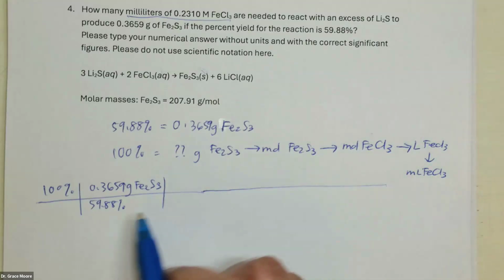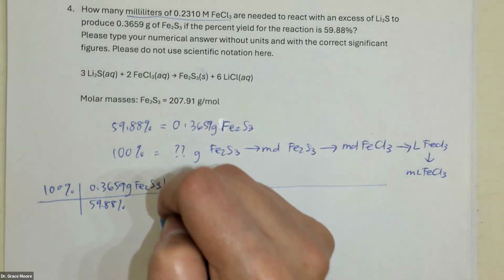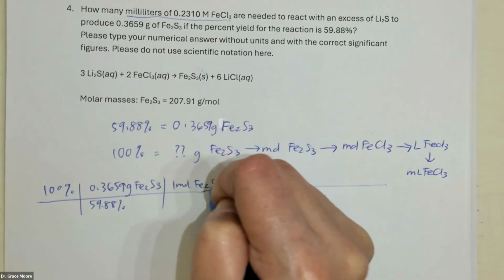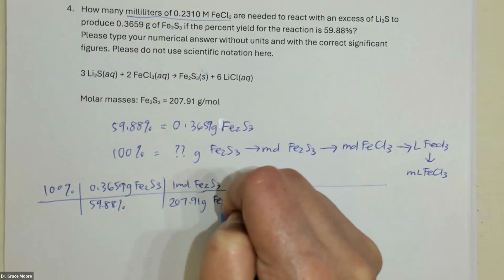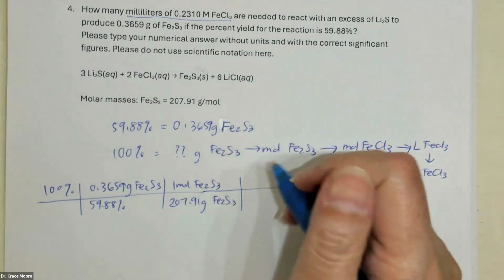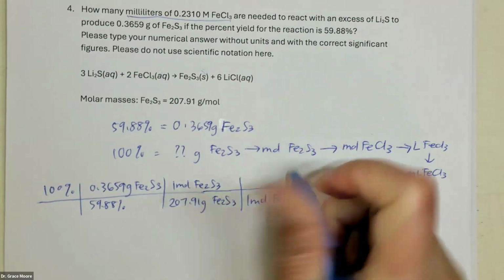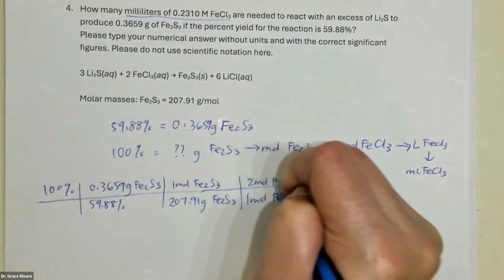So we have still grams. Let's get to moles. So 1 mole of Fe2S3 is 207.91 grams. And I know that the mole ratio is 1 mole of Fe2S3 to 2 moles of FeCl3.